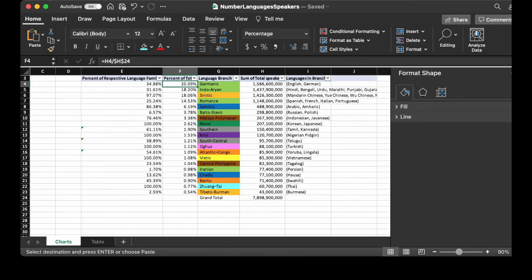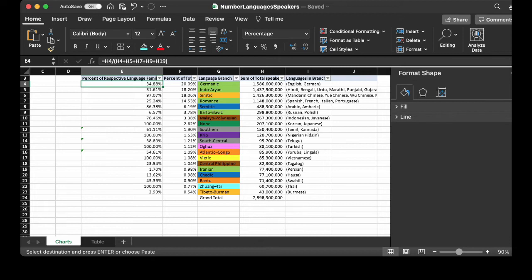Now the percent in column E is what percent of that family this specific branch takes up. So of the Indo-European language family, Germanic takes up 34.88%. The Indo-Aryan language branch takes up 31.61%, Romance 25.24%, Balto-Slavic 6.57%, and Iranian 1.7%.